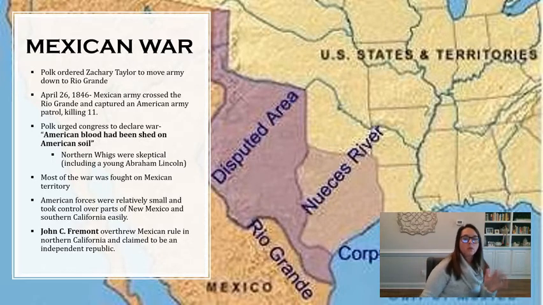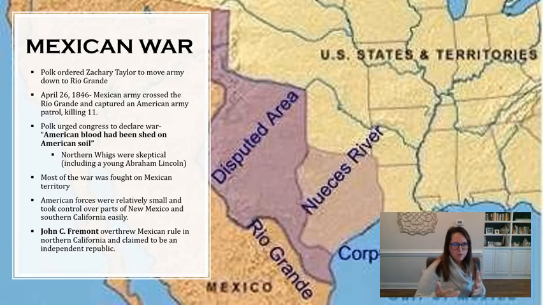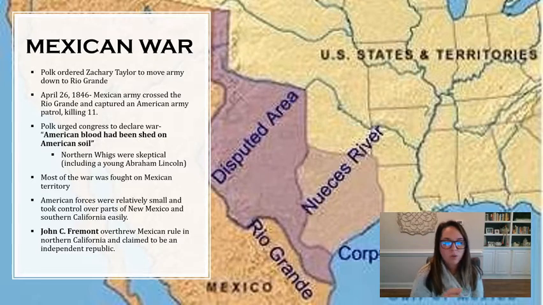So as they're waiting to hear back from the Mexican government, Polk, meanwhile, orders General Zachary Taylor to move his army south of the Nueces River all the way down to the banks of the Rio Grande. Okay, so on this image, they are technically in this disputed area.